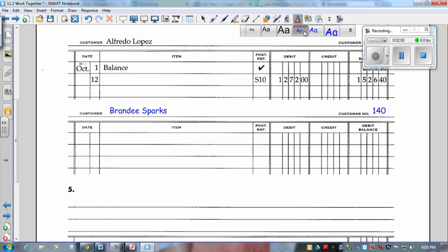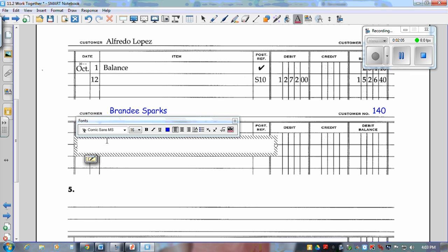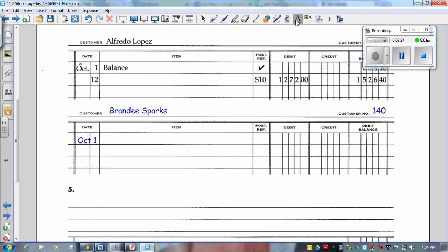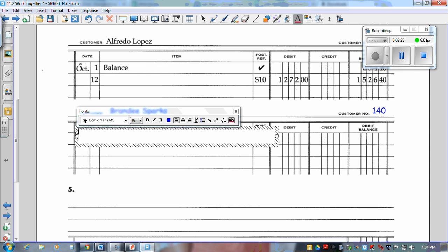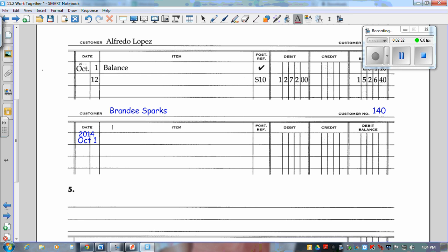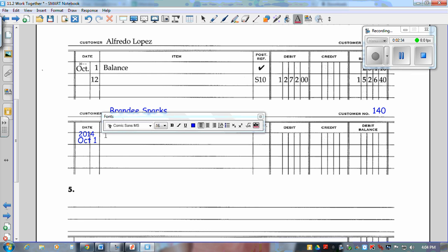So this time, we're going to come down here to the date. We are going to have to write the month, so we're going to put October 1st. And you're going to want to come up here and put the year. And the balance. So in the item, we're going to write the word balance.